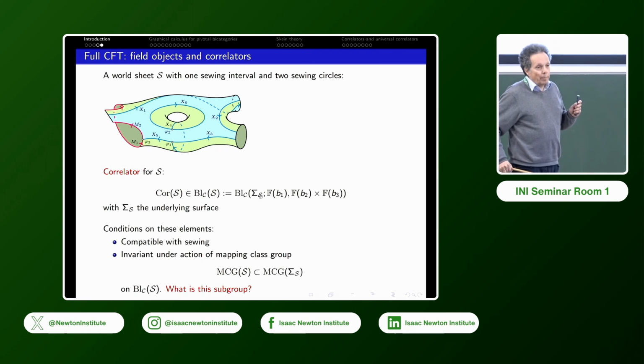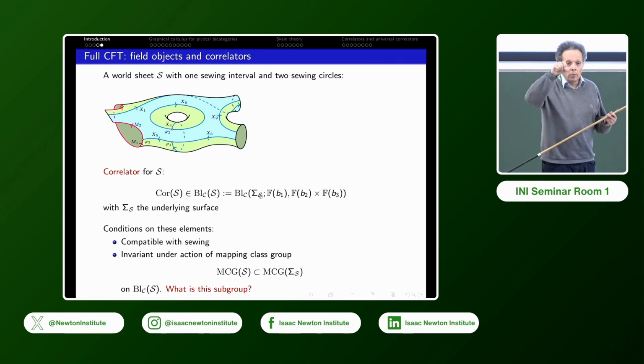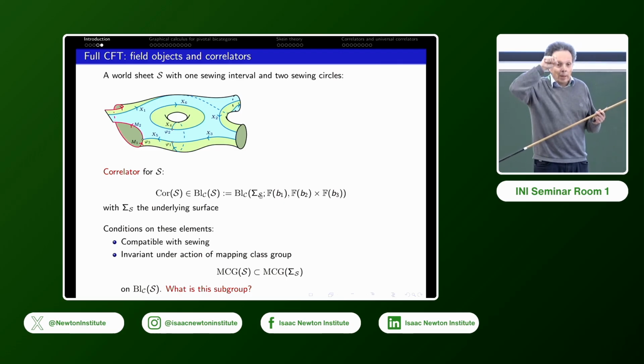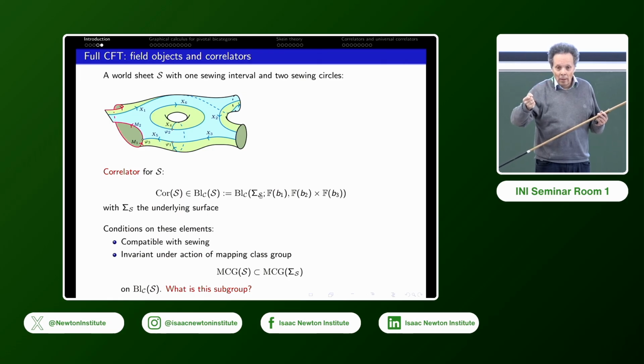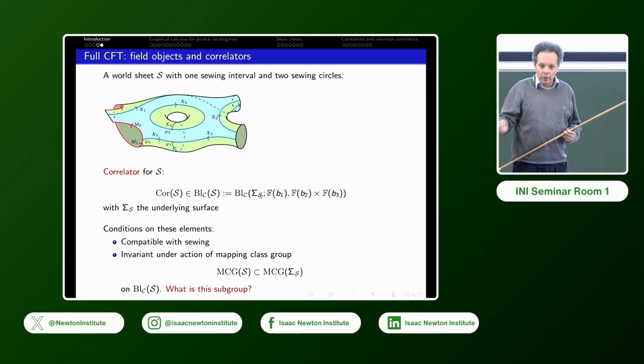But here we have a problem. What if you have a topological defect? What is the relevant mapping class group? Do you require it to keep the defect point-wise fixed? Looks a bit too strong, right? Do you require it that it keeps the defect fixed, but it can move points on the defects?